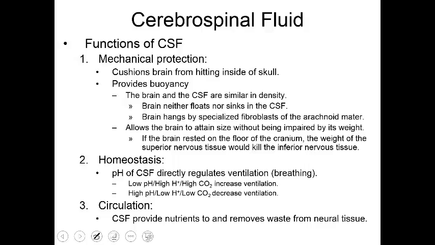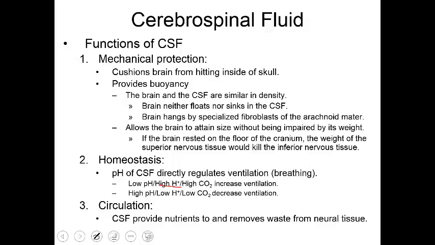Now, cerebrospinal fluid also plays a role in homeostasis, and it regulates the pH. So anytime you have low pH of cerebrospinal fluid, low pH means more acidic, and that more acidity is due to the high concentration of hydrogen ions. Now, that means that your brain needs oxygen, or is high in carbon dioxide.